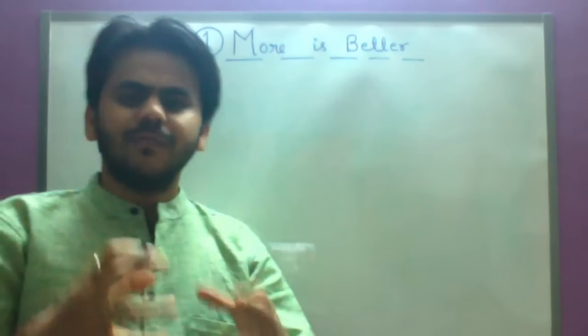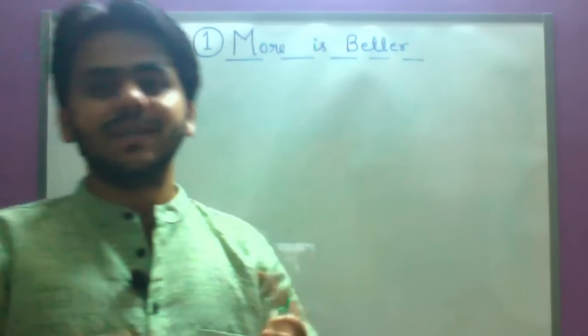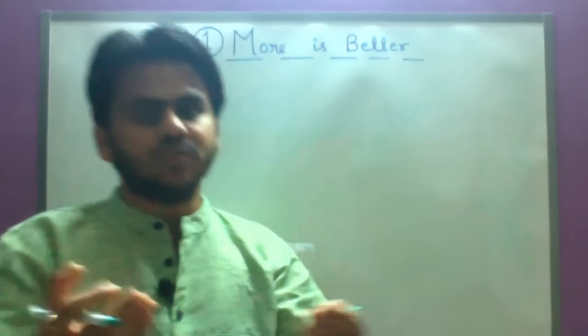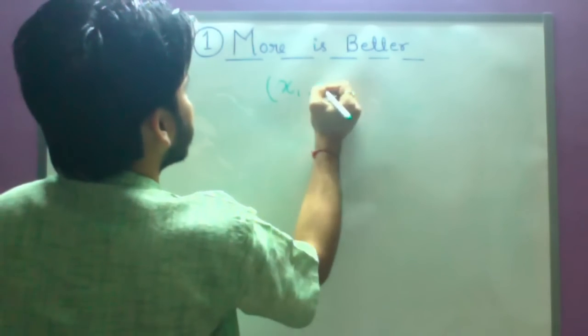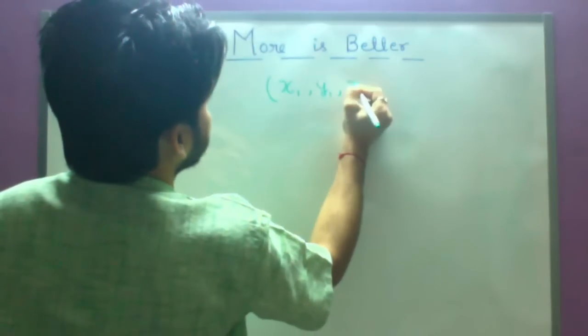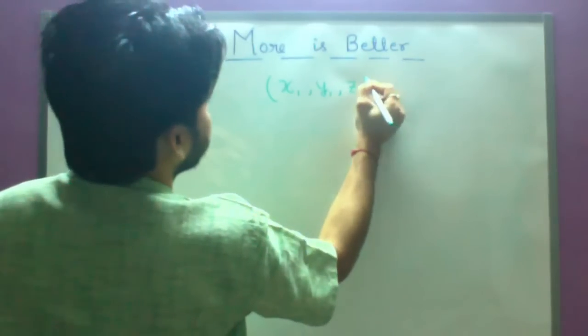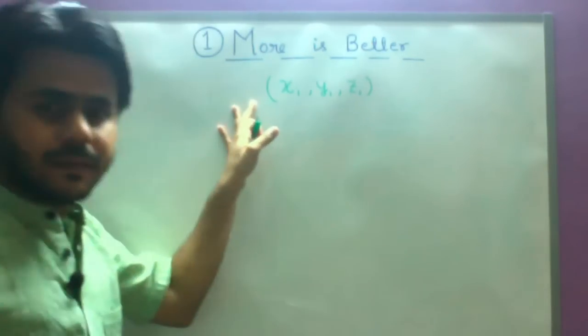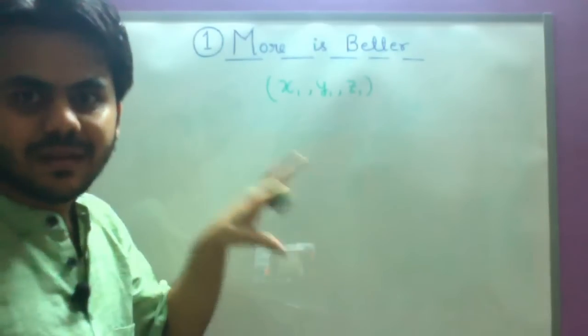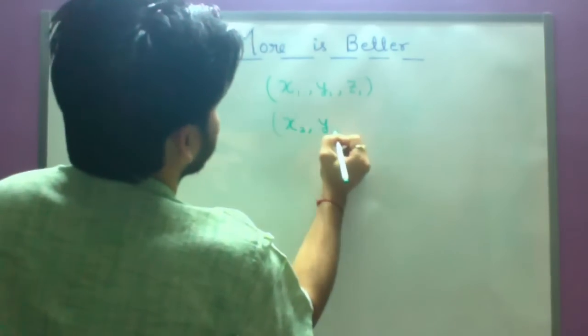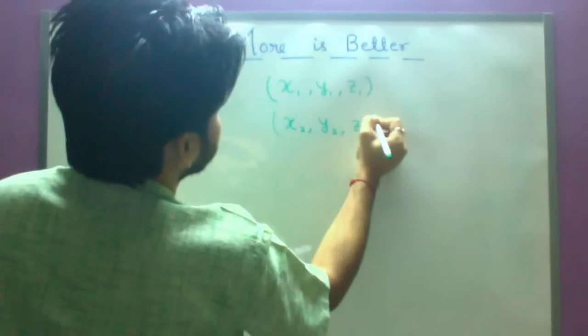Let's say you have two bundles. Bundles meaning a set of goods. X1, Y1 and Z1. This is your bundle 1. Now what about the other bundle? X2, Y2, Z2.